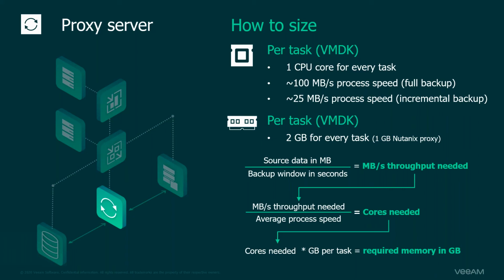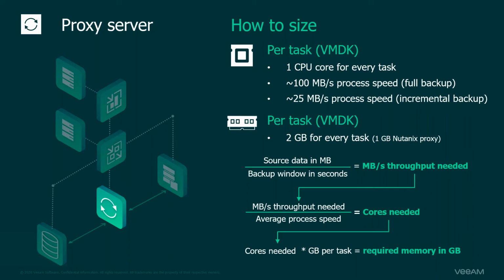And just a couple other questions here. Proxy servers do not require additional licensing. Veeam licensing is going to be per socket, or per VM, depending on which licensing model you have purchased. And is there an advantage to using Linux versus Windows proxies? Linux proxies are going to be hot add only.